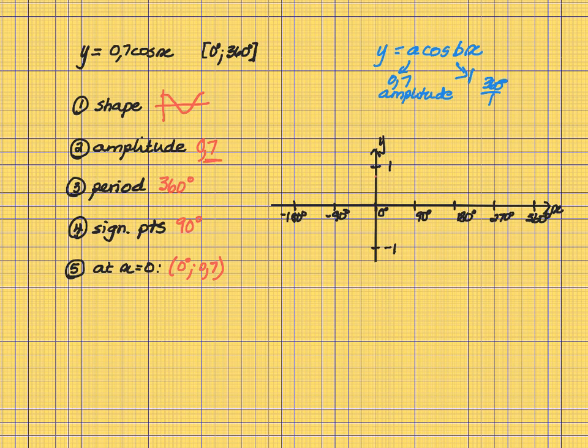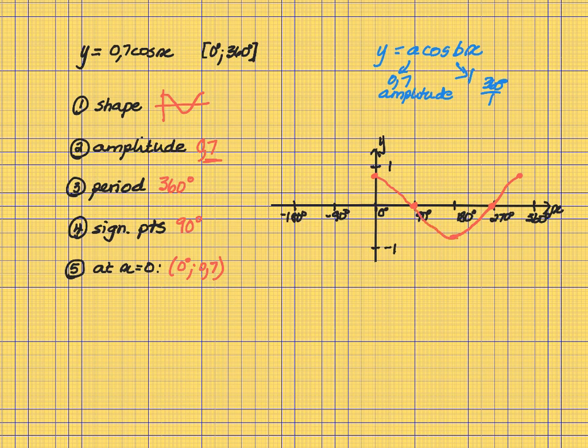We're going to start at 0,7, which is roughly there. 90 degrees further, we're going down. We're copying the shape over here. At 180 degrees, it's going to be minus 0,7. At 270 degrees, back to 0, and then back up to 0,7. So if you draw that graph, the same shape as the sine graph, there we have it.